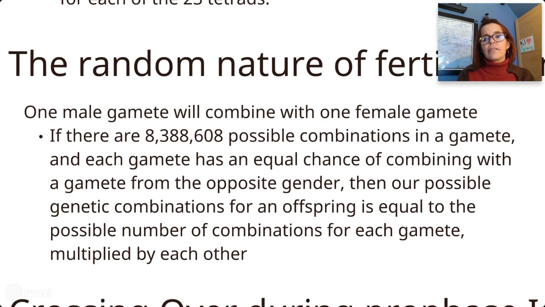So random fertilization. We never know which sperm and which egg are going to combine. Dad's sperm has more than 8 million possibilities, and mom's eggs have more than 8 million possibilities.